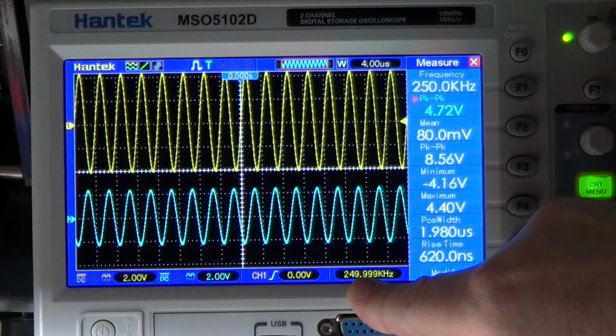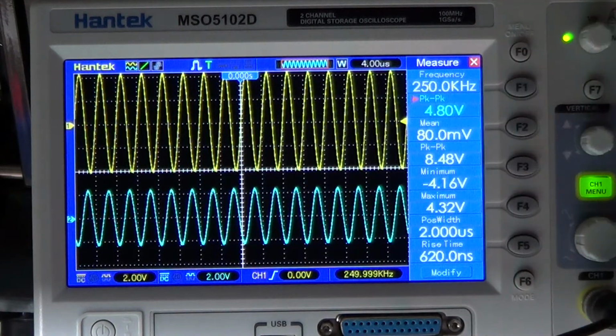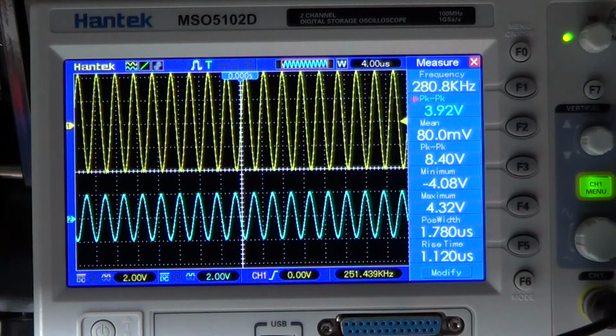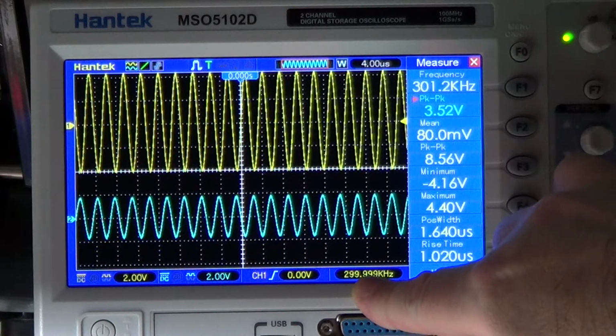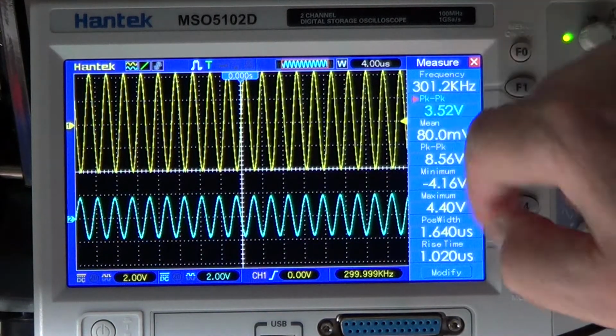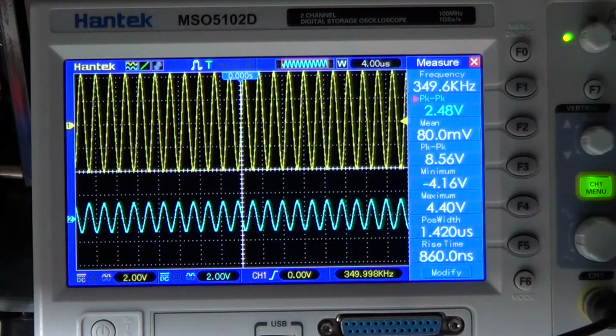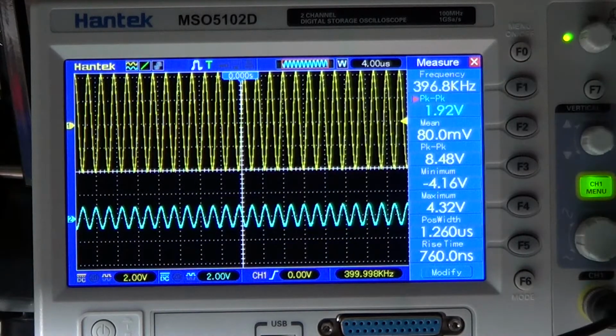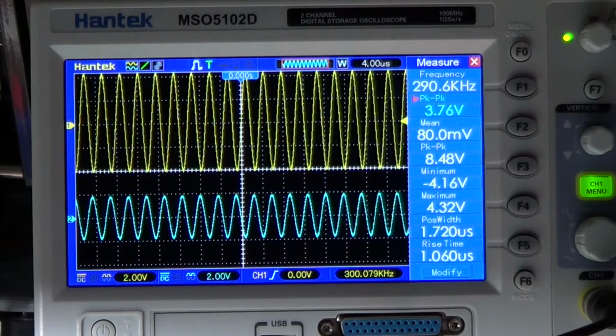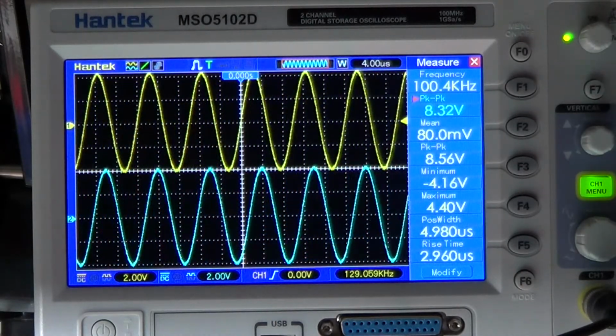And of course, going even higher in frequency, the signal amplitude keeps getting smaller and smaller. And now, at about 300 kHz, the output signal has an amplitude about half the size of the original input signal. And the farther we go with this frequency, the smaller becomes the amplitude of the output signal. Of course, when we decrease the frequency, the signal amplitude increases again.